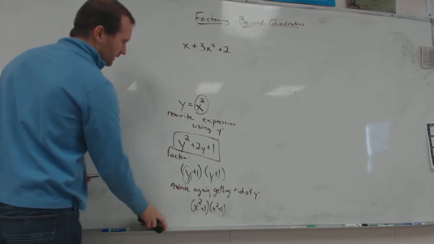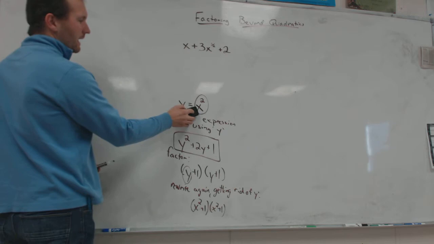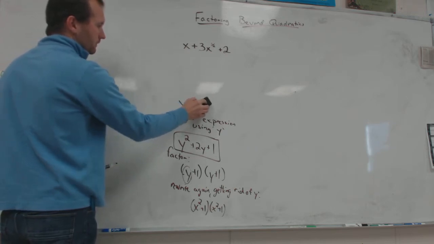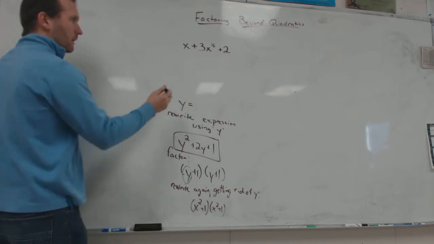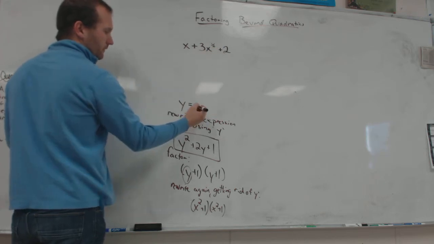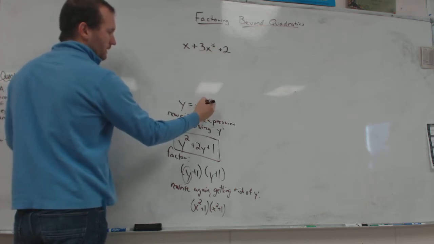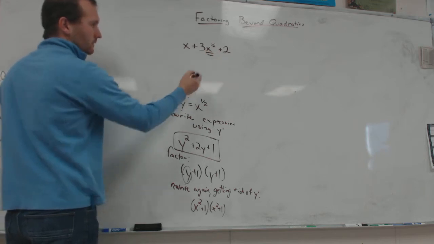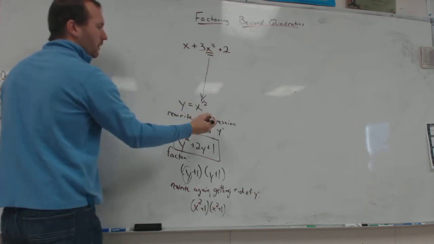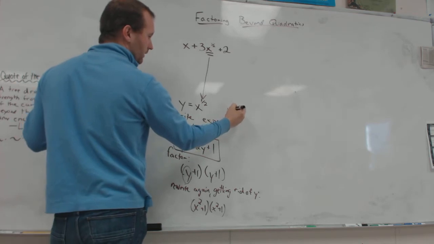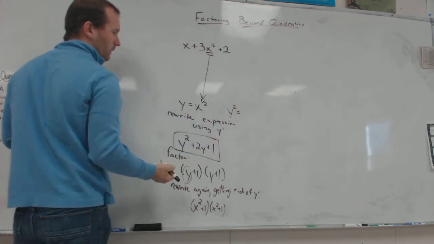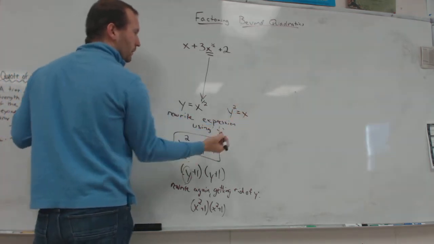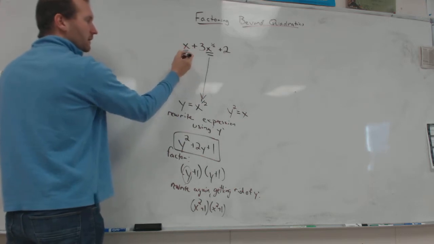But we're going to set y equal to x to the 1/2. Because that's our second term here. So y equals that. Then what is y squared going to be? x. Just x. Perfect. That's what we have here.